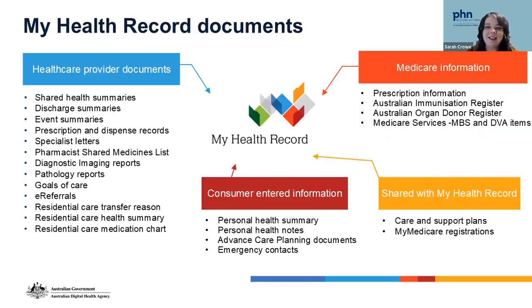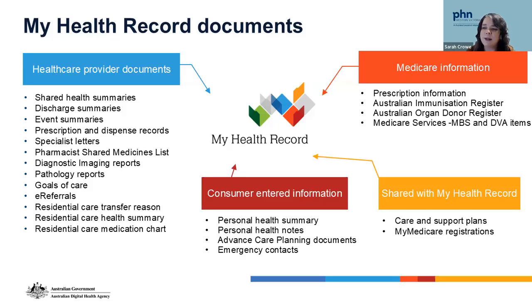So what's in this My Health Record? There's lots of information that healthcare providers can upload. I'm going to talk a little bit later about a shared health summary, which is basically a snapshot in time of important details of somebody's health. Discharge summaries from hospitals can be uploaded. There are also event summaries, which any healthcare organisation can upload.